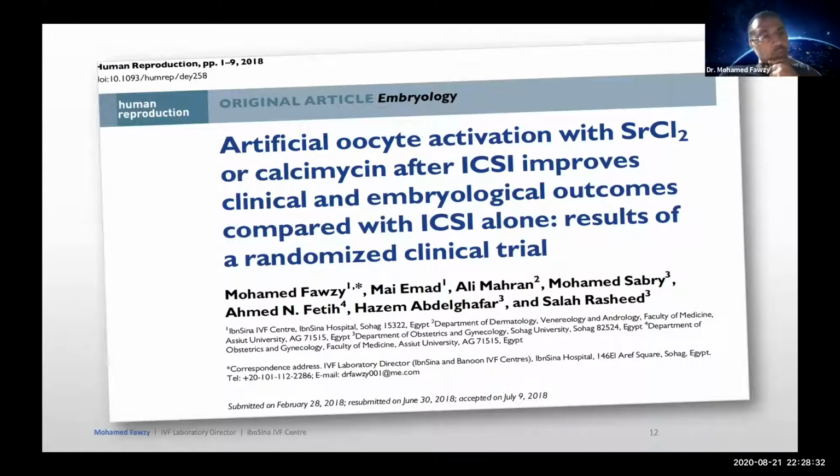We decided to take part in addressing this issue, and we came up with a publication in 2018 in Human Reproduction comparing calcium ionophore versus strontium chloride versus ICSI alone in a randomized prospective comparison.